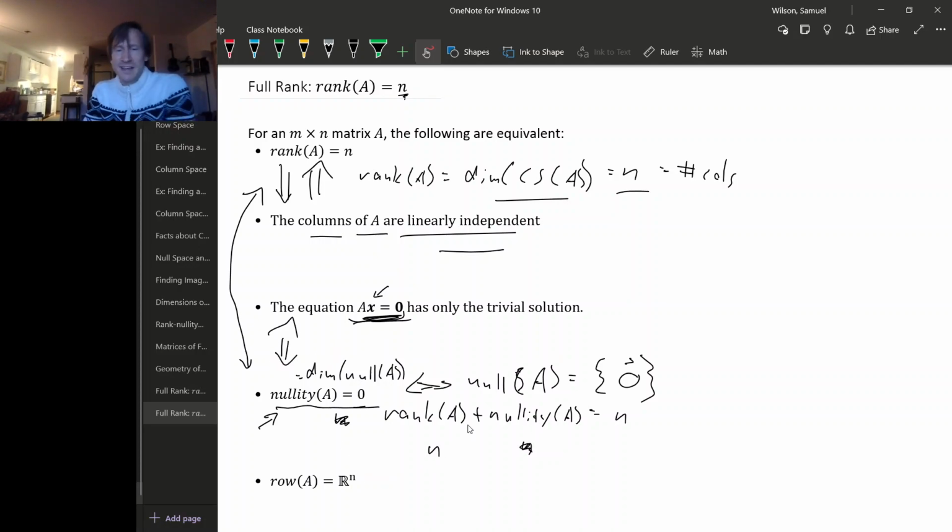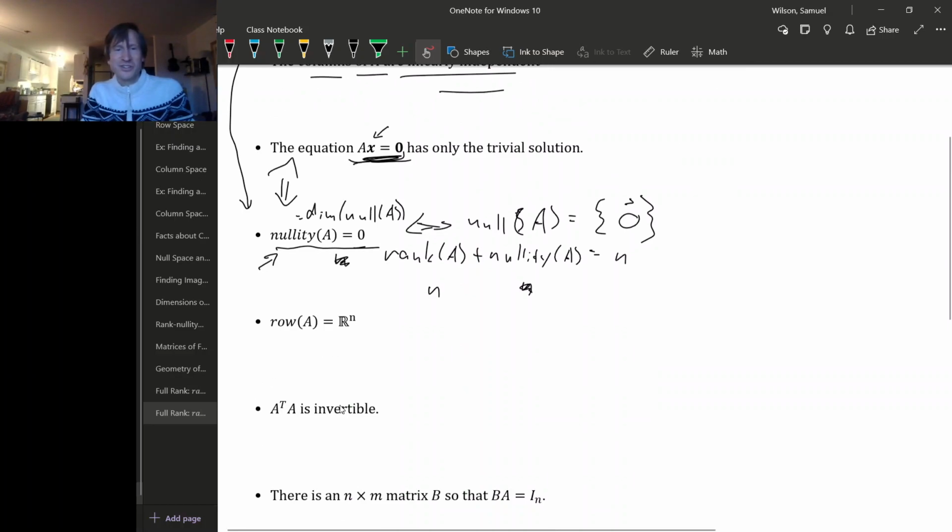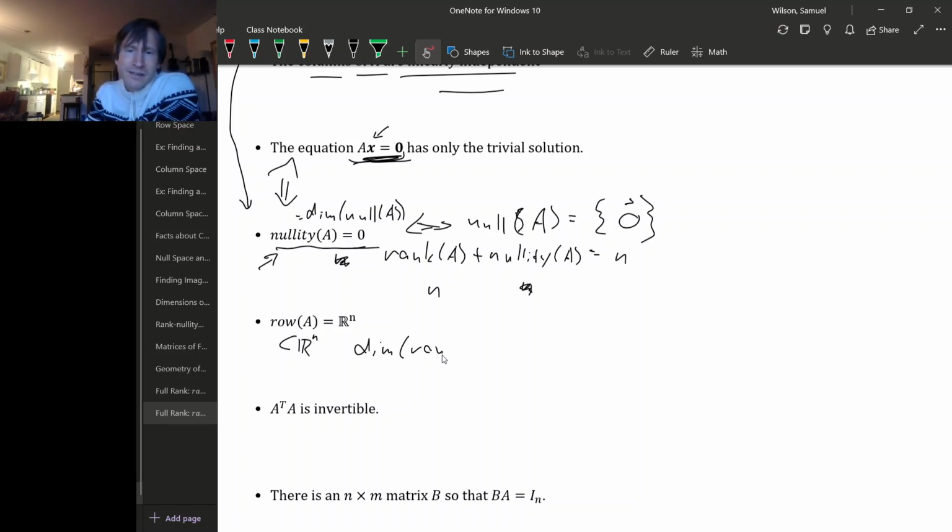All right, next, let's show that this is all equivalent to the row space of this matrix being Rn. So the row space is contained in Rn because the rows have n entries. So what is the dimension of the row space? Well, the dimension of the row space, just by definition, or theorem, I guess, depending on how you look at it, is the rank, but we know that that's n.